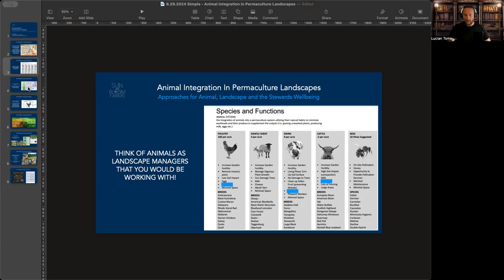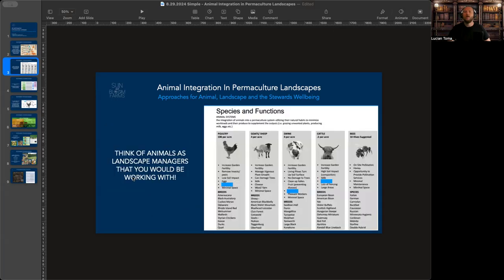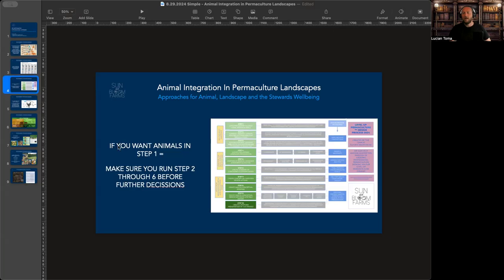So think of animals. Remember, the healthiest ecosystem on the planet has a balanced diversity of plants and animals. If they're all in one space, they could be degrading that ecosystem. We want to think of animals as landscape managers that we're working with to improve the ecosystems.